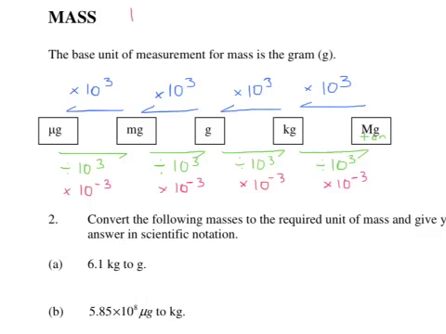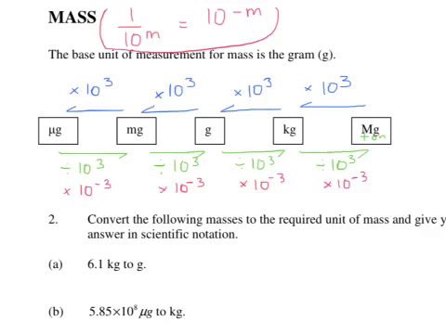If you've got 1 over 10 to the power m, so you're dividing by 10 to the power m, that is the same as 10 to the power negative m. So that's an abbreviated form of the second index law, and we're going to be using that one quite a lot.